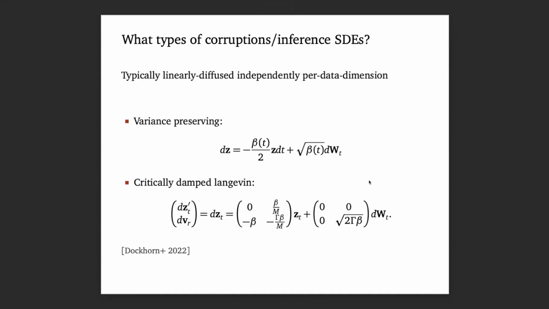And instead of running the simple Gaussian system, you could run the critically damped Langevin system. The reason that you might do it, it's proposed in this paper from last year by Dockhorn, is you might say, well, the model that I'll end up with will be a lot smoother because the time evolution in this critically damped Langevin is going to look smoother. Sort of the argument they make.